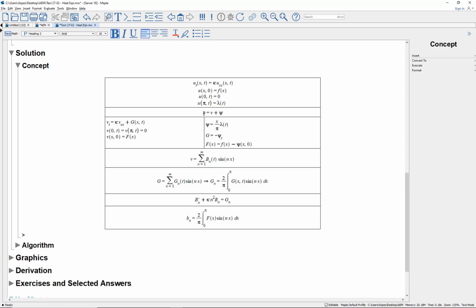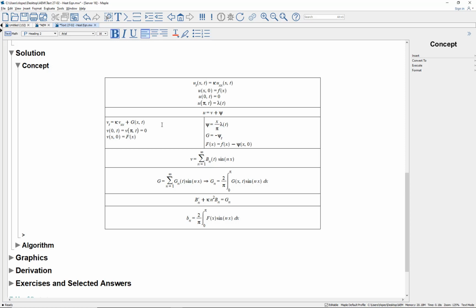So you write U as a sum, V plus psi. V will be the solution of a homogeneous problem, a problem with homogeneous boundary conditions. And what function psi will do that? Well, this function psi will do that.